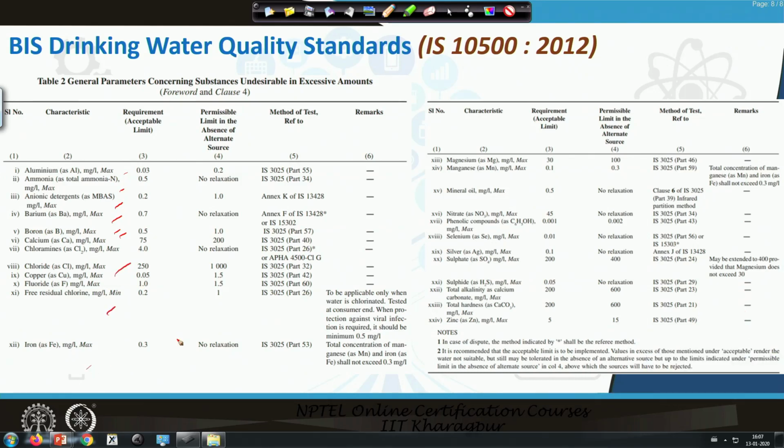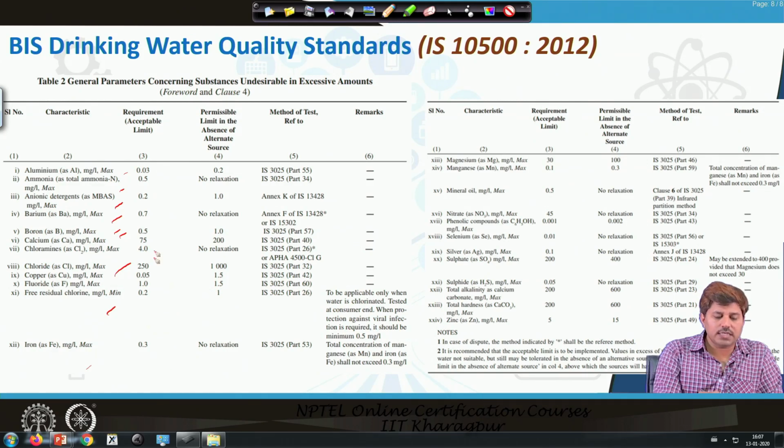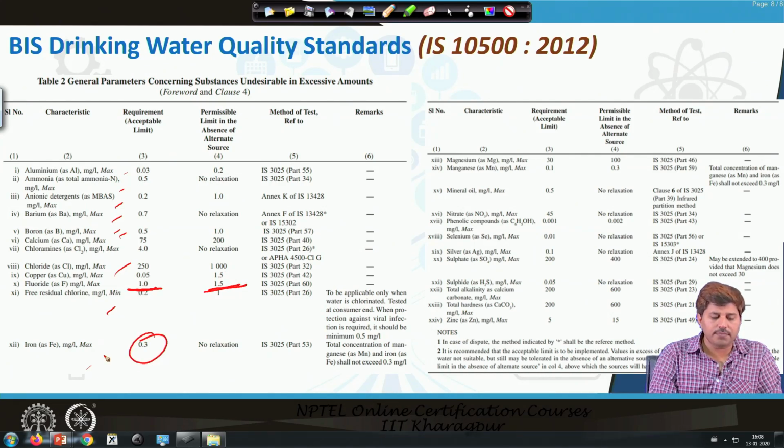Okay. So, all these are there, and then what is their acceptable limit? Say fluoride is acceptable up to a range of 1 milligram per liter. In absence of any alternate source, it can be relaxed up to 1.5 milligram per liter. Iron 0.3 milligram per liter. Free residual chlorine 0.2 milligram per liter. Maximum can be allowed up to 1 milligram per liter.